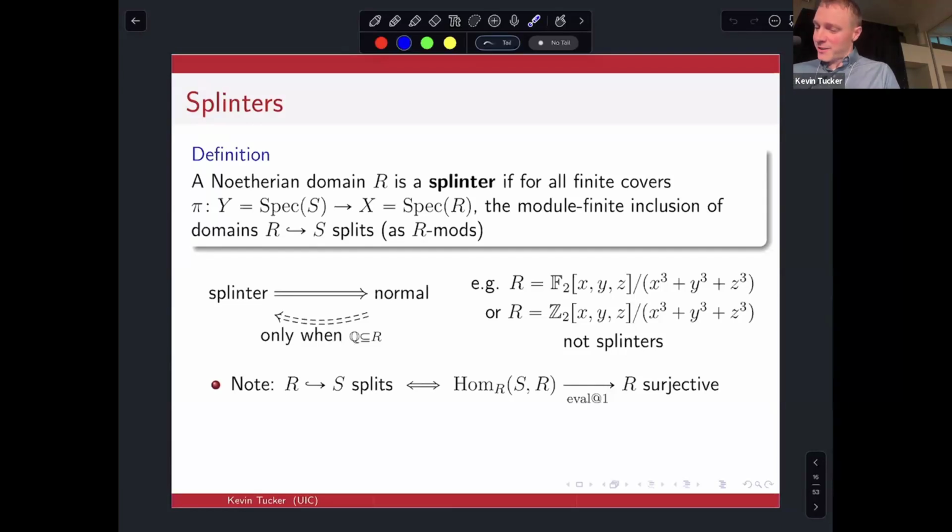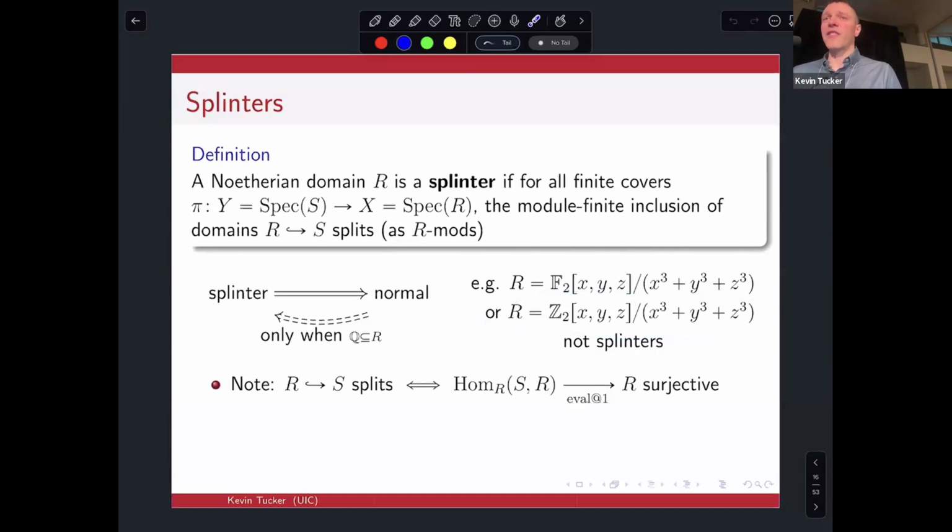But splinters, on the other hand, are very characteristic dependent. If you're not in equal characteristic 0, if you're in positive characteristic or mixed characteristic, then it's very easy to see that that equivalence doesn't work. Carl mentioned one example in mixed characteristic in his talk yesterday. If I look at the elliptic curve x cubed plus y cubed plus z cubed, say with coefficients in the 2-adics, it's easy to see that that's not a splinter.